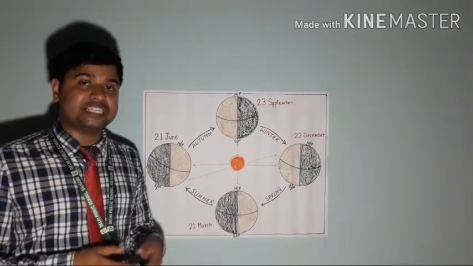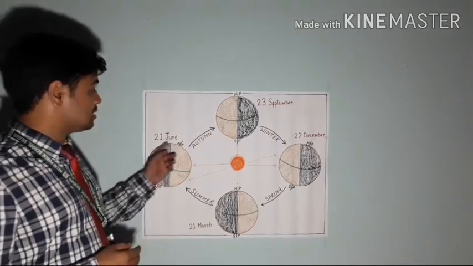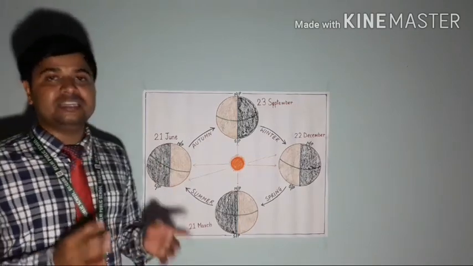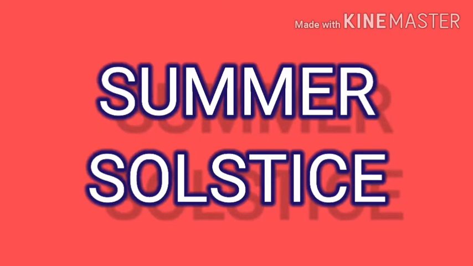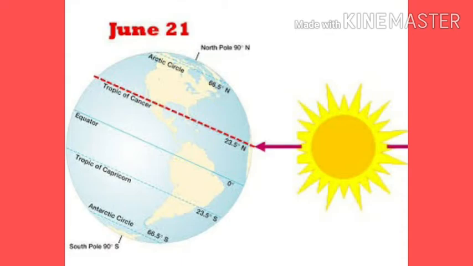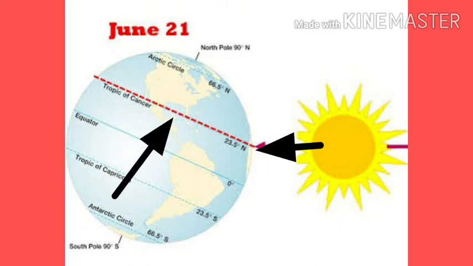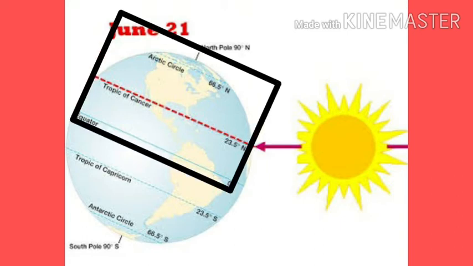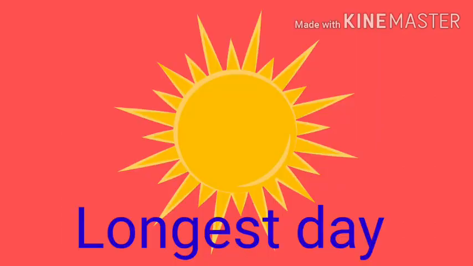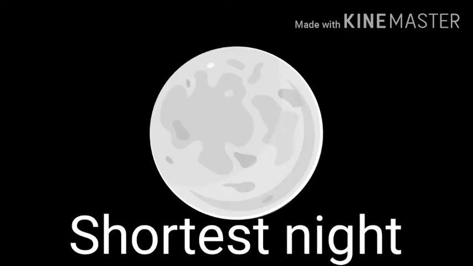Now I will explain the summer solstice in detail. Every year on 21st of June, sun rays fall directly on the Tropic of Cancer, and at this time the northern hemisphere is tilted maximum towards the sun and experiences the longest day and shortest night.